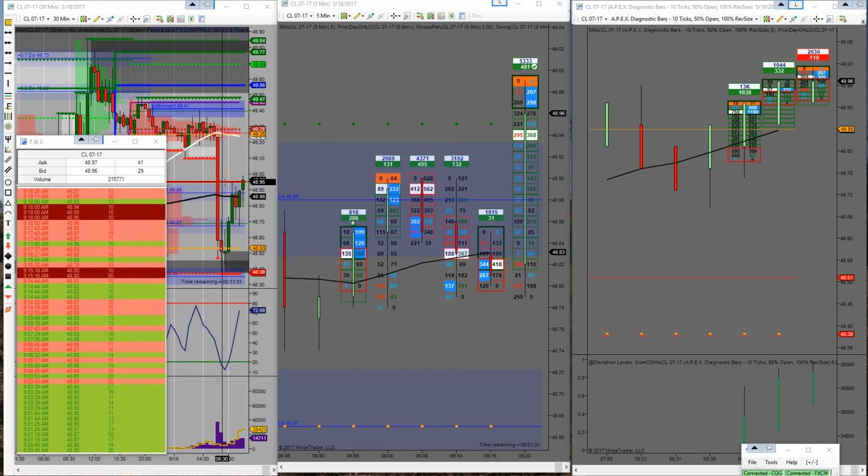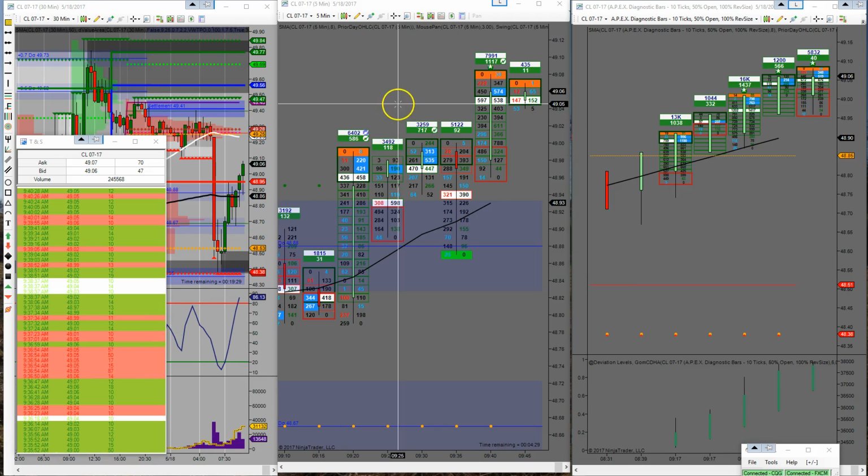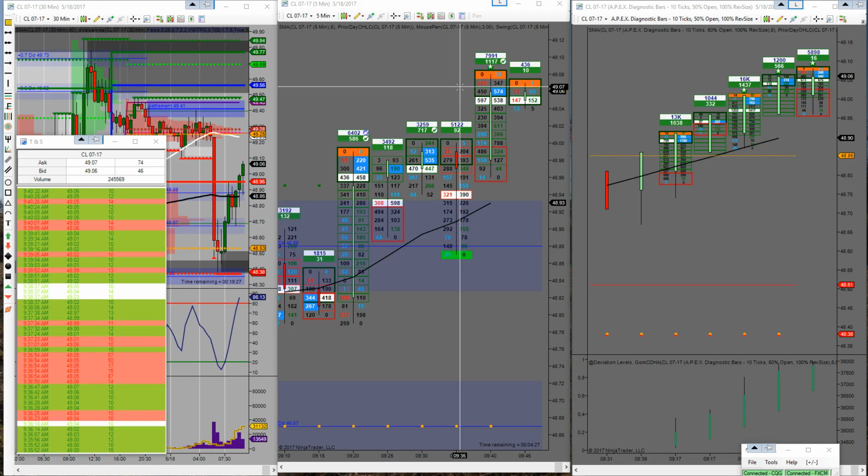I was expecting a hang up right here off of this red line around 95. So we'll see if it will break on through it, or if it's just going to pull back. So, all right, let me watch and I'll be back. All right, I went ahead and pulled one off at 49.06 for 20 ticks.